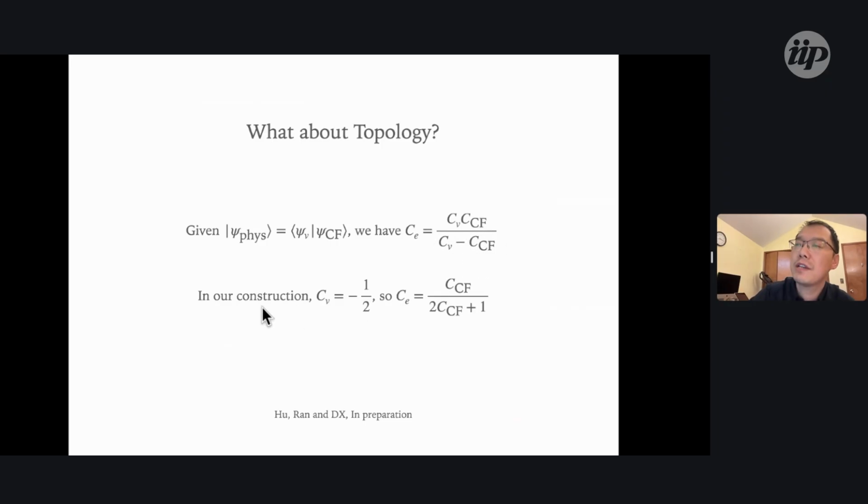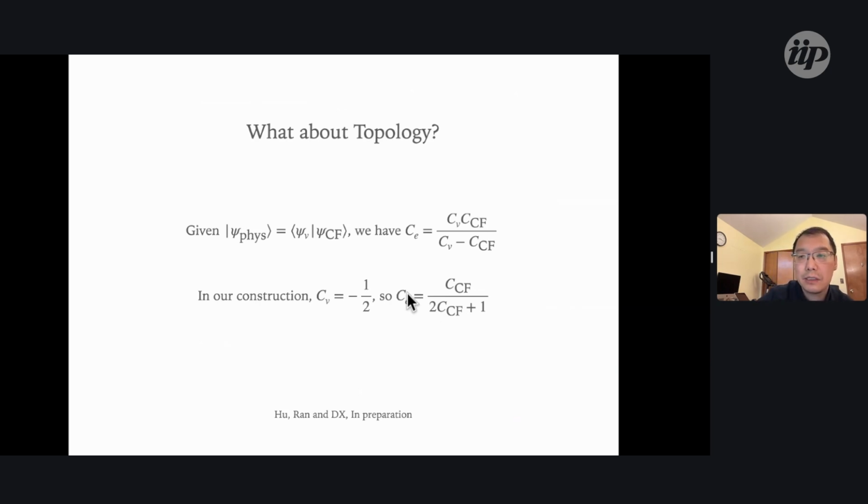In our construction, because we have always fixed the vortex to be the 1/2 bosonic Laughlin state, the many-body Chern number of the vortex is basically -1/2. The minus is because the vortex has opposite charge to the electrons. So in that case, the Chern number of the electron equals this, and you can see this is essentially just the Jain sequence.